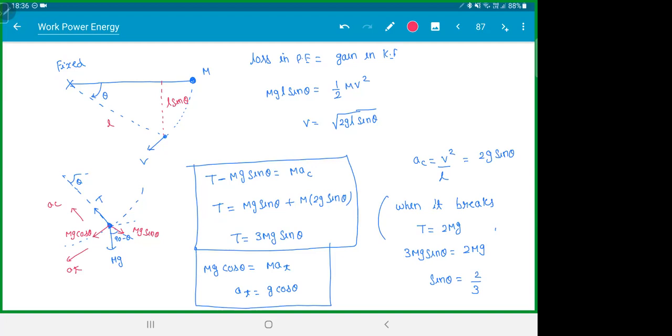The second part of the question: find theta when the net acceleration is horizontal.